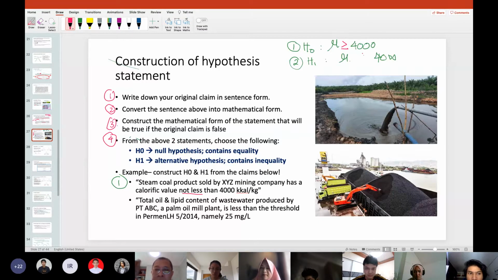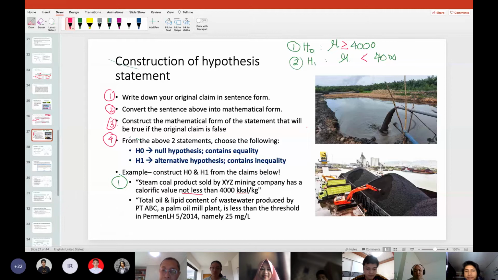The first claim is mu is larger than or equal to 4,000. If that's wrong, then the statement that becomes correct will be mu less than. Yes, correct. So the second statement, the one that will be true if the claim is wrong, is mu less than 4,000.